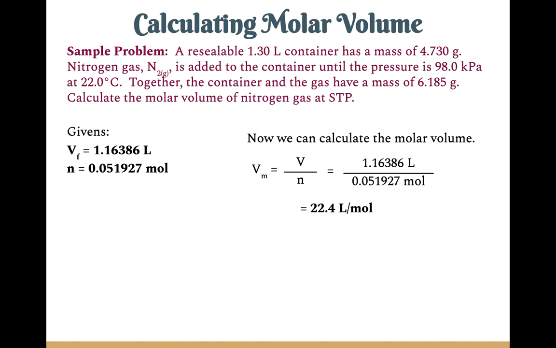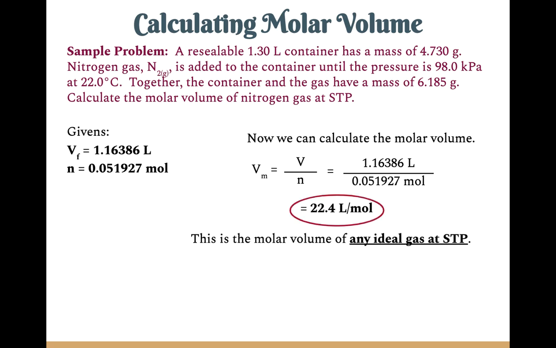So this is the molar volume of nitrogen gas at STP, but it's also the molar volume of any gas at STP, right, according to Avogadro's Law. So no matter what gas you're talking about, if your conditions are STP, you know that 1 mole of that gas is going to take up 22.4 liters.